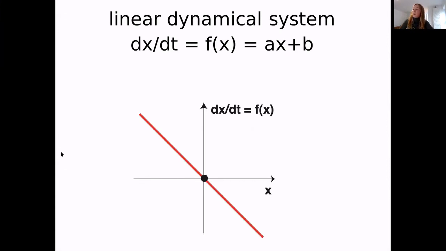So with this in mind, so knowing what the time course is and what the phase plot is, we can start to talk about linear dynamical systems. So this is what we've already seen. So we have now again a state x and a linear function.